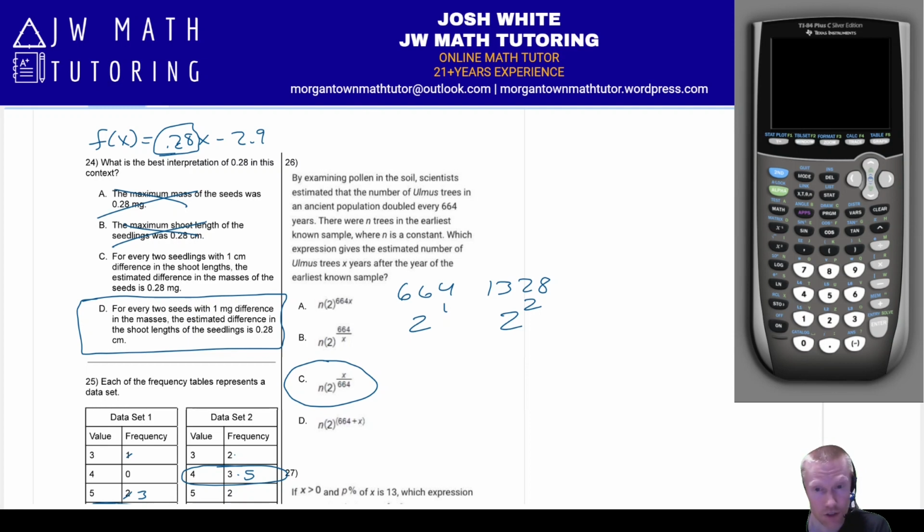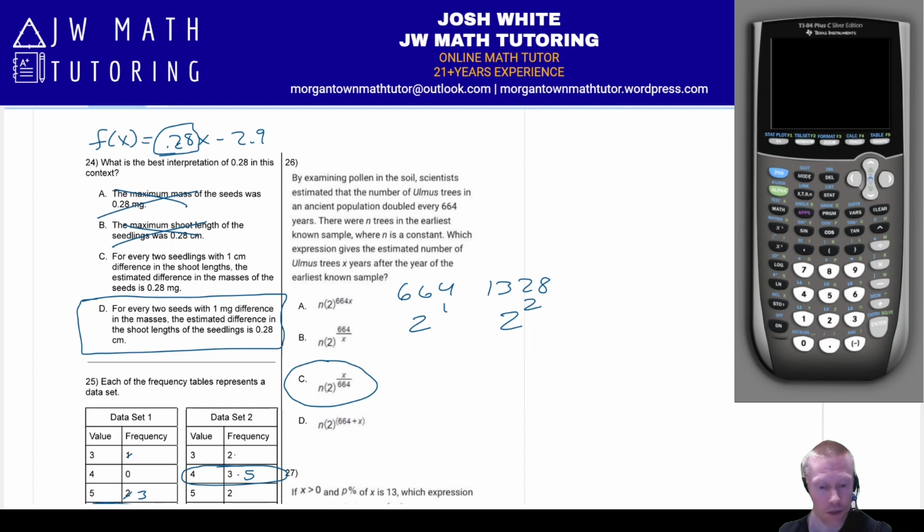B, it actually gets smaller. The first one does work correctly, but if you plug in 1328, then it's 2 to the 1/2 power. It's not 2 squared. C is the correct one. And then D is basically adding these values, so again, it's just going to be way too large. So that's the theoretical way to solve this.